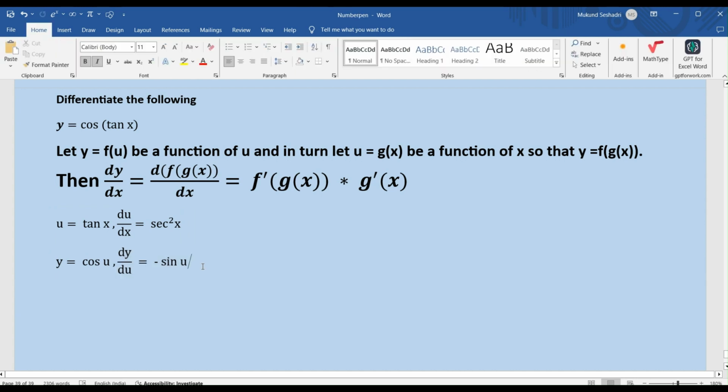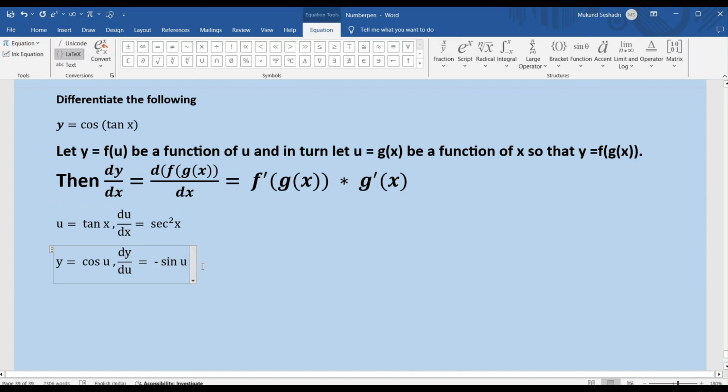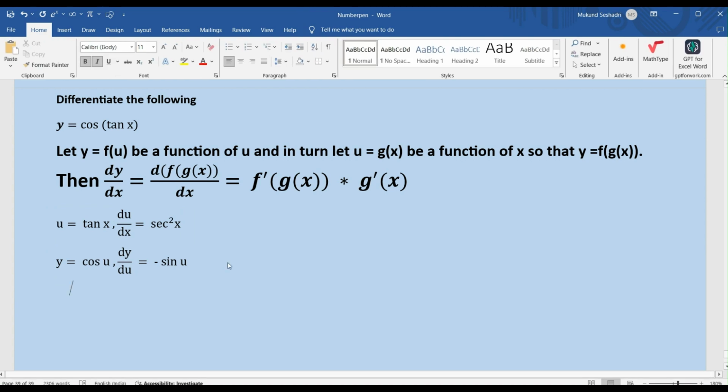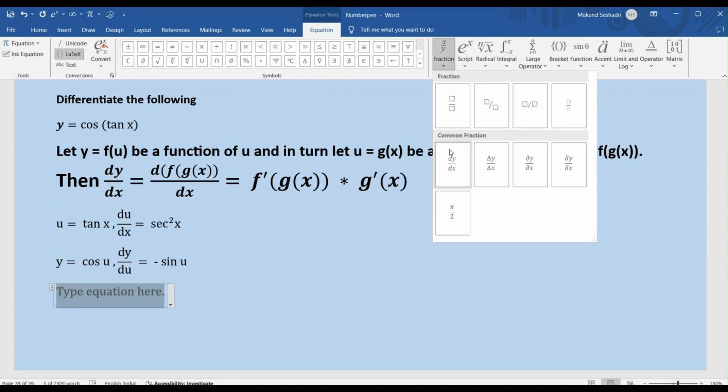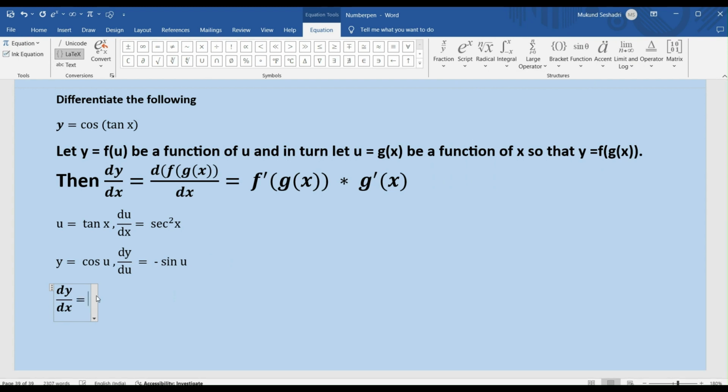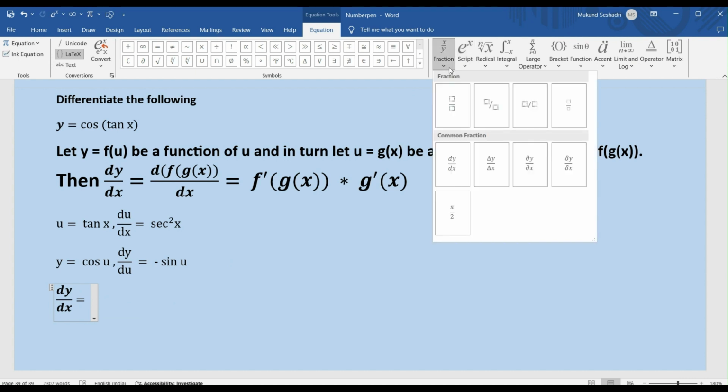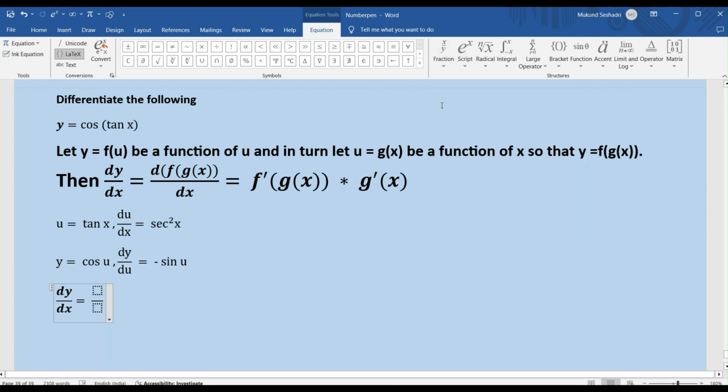We've been asked to find my dy by dx. So let me go to the next line and write it out. My dy by dx equals dy by du into du by dx, right?